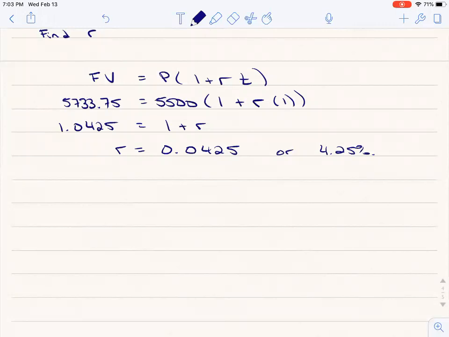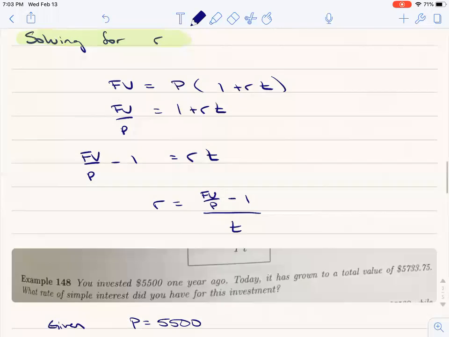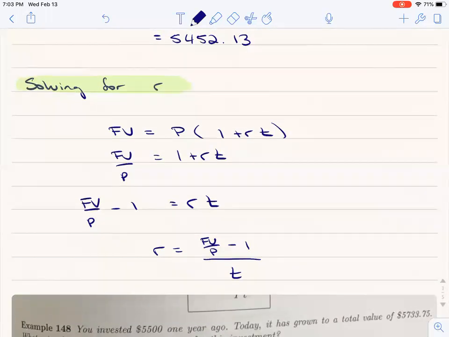So let's do the same thing solving for time. In general, we're going to follow the same steps, because at this point we'll just solve for T instead of R. But let's do it again for practice.